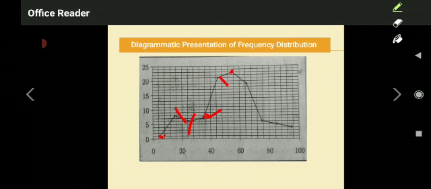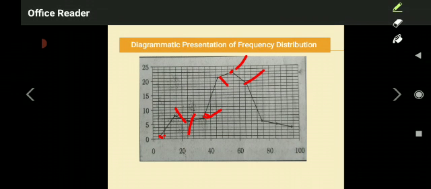Look at this point. The total number of observations in that class interval is 23. And after 23 there are 19 observations. Look at that point. This point shows 19 observations.